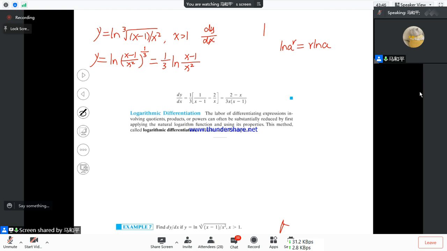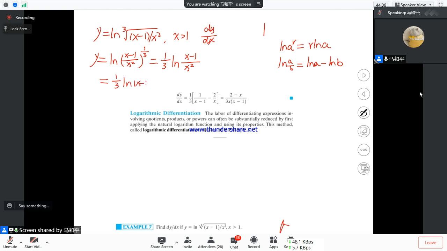Then by the third property, ln A over B is equal to ln A minus ln B. So this is equal to 1 over 3 ln(x minus 1) minus 1 over 3 ln x squared, right?